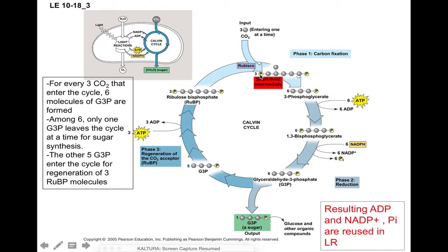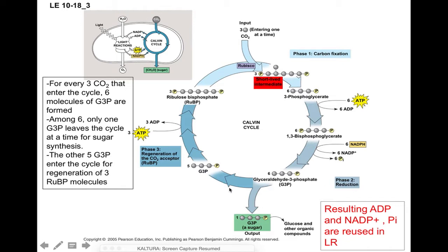Rubisco will add carbon dioxide to it, adding a carbon. Remember, RUBP has only 5 carbons, right? So carbon dioxide adds 1 carbon, and then this molecule, RUBP plus carbon dioxide, which is the first step of carbon fixation, is going to go through a step wherein it will use the ATPs coming from light reactions and take high energized electrons from NADPH, again NADPH coming from light reactions, and then it will make G3P through the reduction phase.